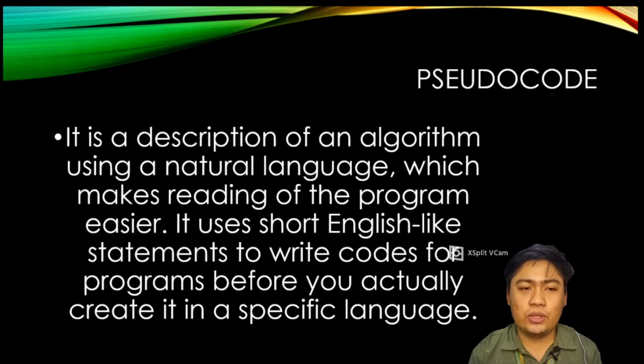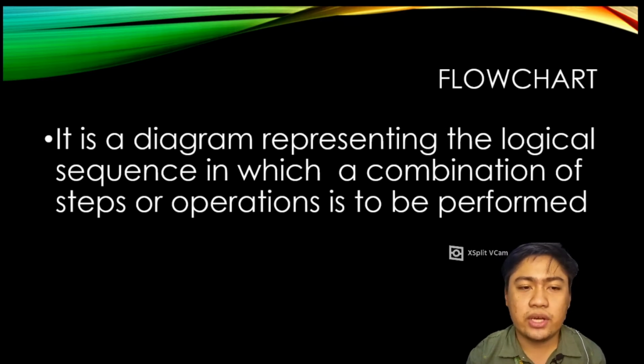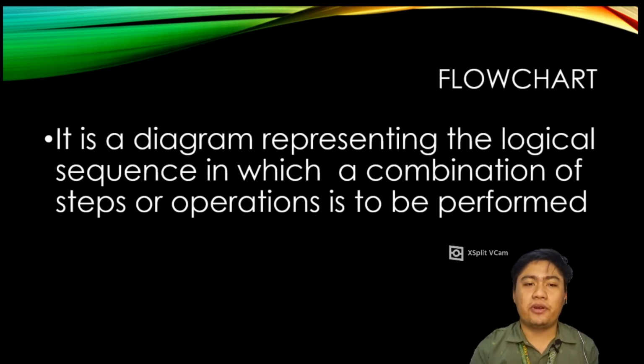Next, what is a pseudocode? A pseudocode is a description of an algorithm using a natural language, which makes reading of the program easier. It uses short English-like statements to write codes for the programs before you actually create it in a specific language. Next is the flowchart. A flowchart is a diagram representing the logical sequence in which a combination of steps or operations is to be performed.